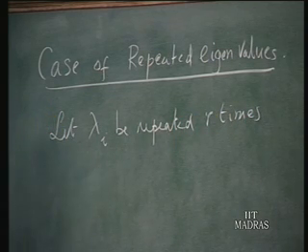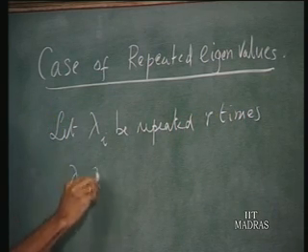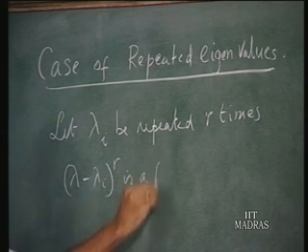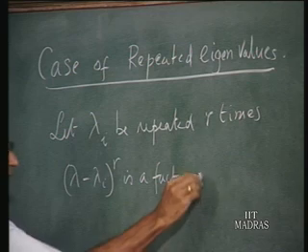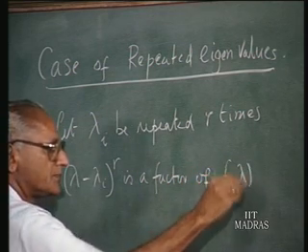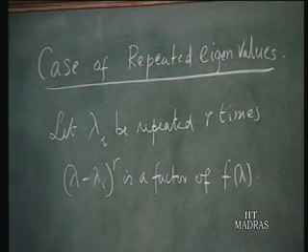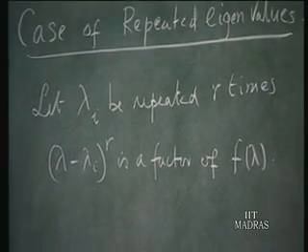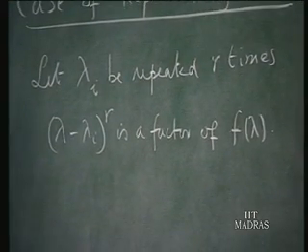What does it mean? That lambda minus lambda I to the power of r is a factor of f lambda. So this particular eigenvalue is repeated r times, therefore lambda minus lambda I raised to the power r is a factor of f lambda.